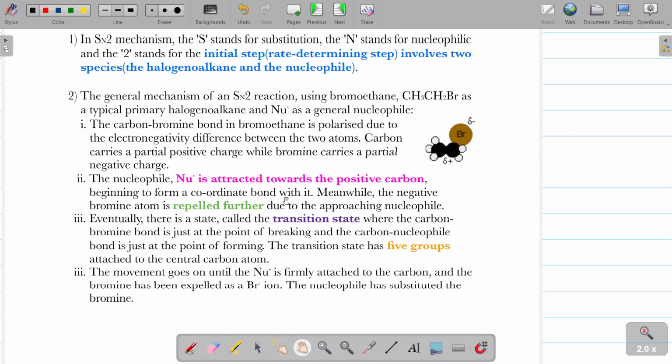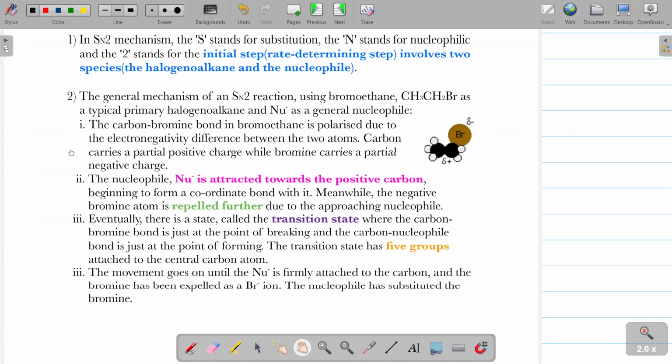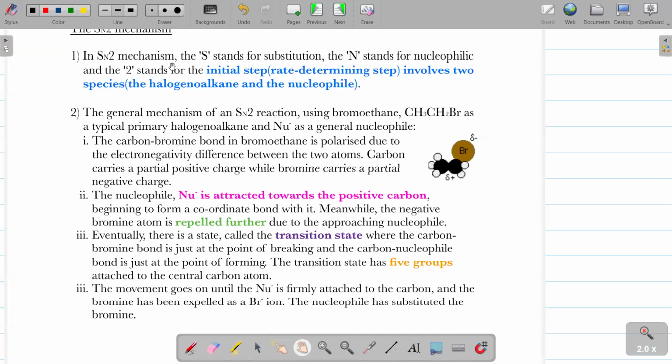And during this, we get an intermediate, and then we get the final product. So I used the special terms. So here you can see in detail, S stands for substitution, N stands for nucleophilic, and 2 stands for the order of reaction or the molecularity.